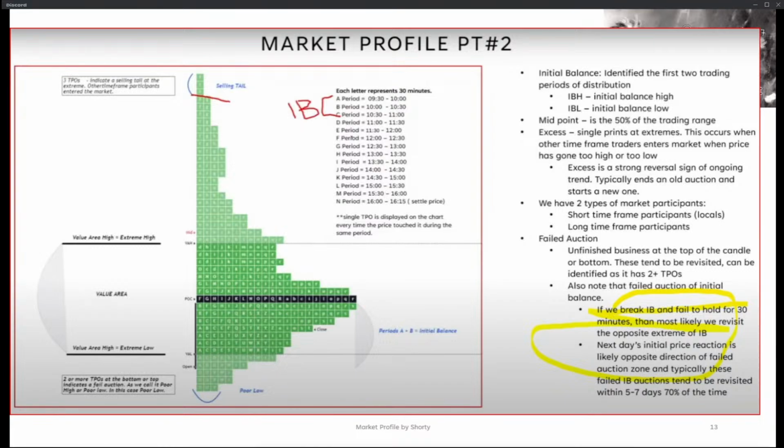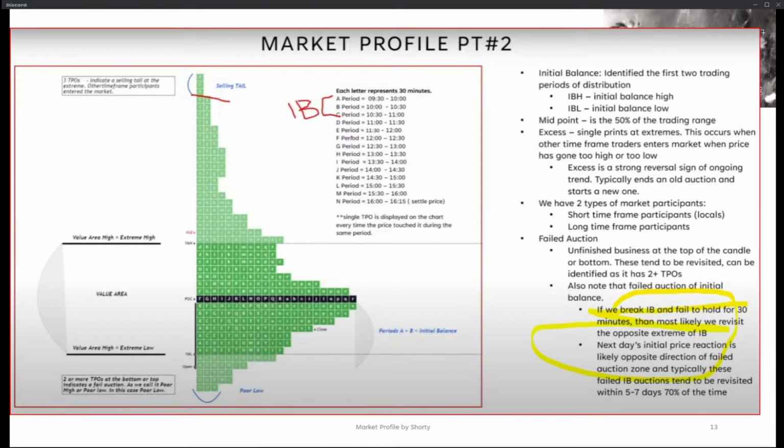Well, you're watching to see if the C period, after the market settled for the first hour, if the other time frame people have the ability to crack the initial balance. And if you want to see a trend day, what period do you want to see it in? C. C period is a good period to see it break. And if C period can't break and hold for that 30 minutes, usually it sets up for a reversal type of play. Okay, does that make sense?